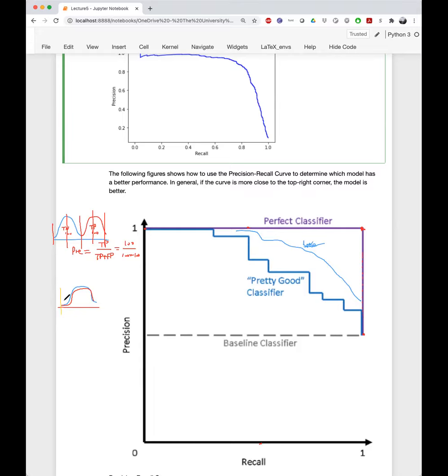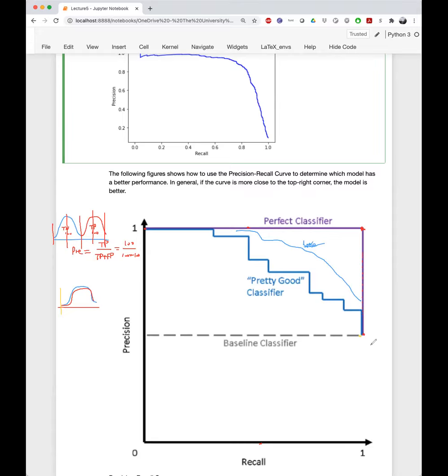The threshold is here, and the recall is 1 because it captures all of the positive cases. And the precision is 0.5, because half of the cases are false positives. So we have 100 over 200, that's 0.5.